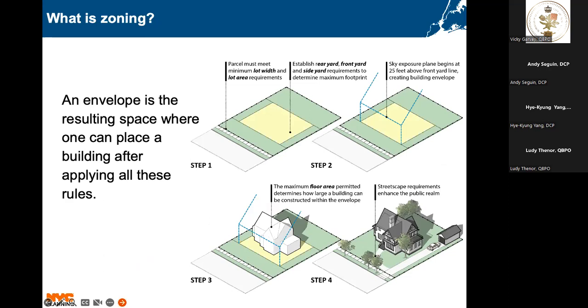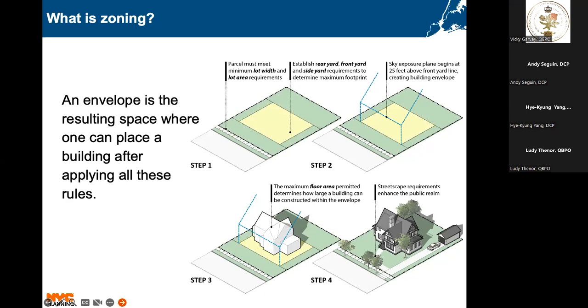There might be minimum lot size requirements. There are yard requirements that could restrict where a building could be located on a zoning lot. We also have height requirements that might further regulate depending on if the building's on a narrow street or a wide street. And then finally, there might be streetscape requirements that help to, at least in theory, enhance the quality of the public realm, such as tree planting requirements.